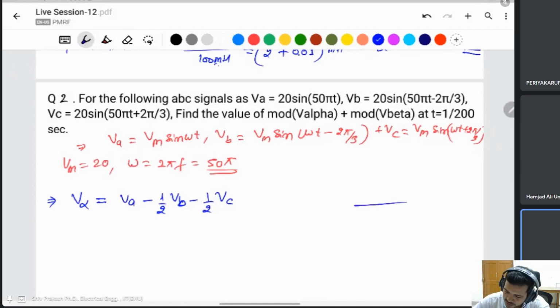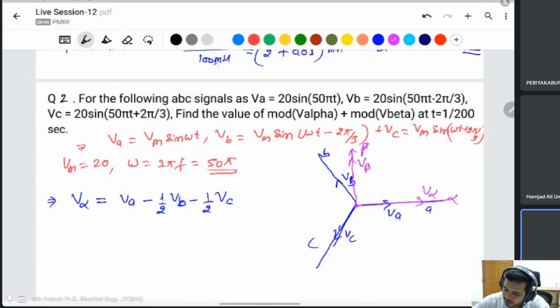This comes from the ABC to alpha beta transformation: A phase, B phase, C phase, and alpha and beta axes. The projection of all the vectors VA, VB, VC on the alpha axis is the value of V alpha.